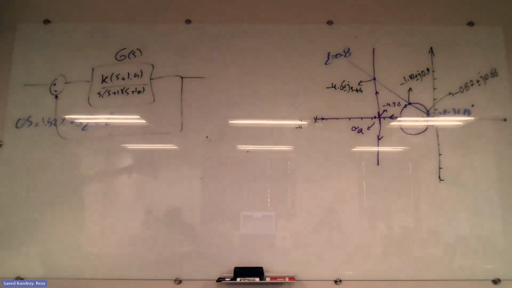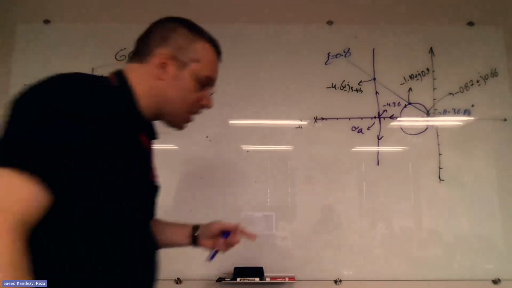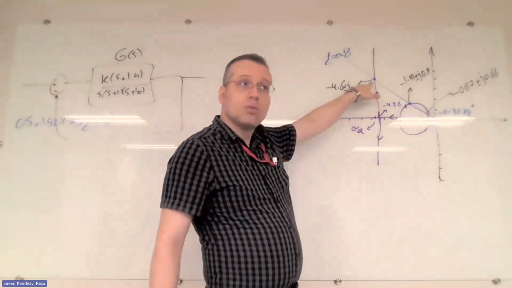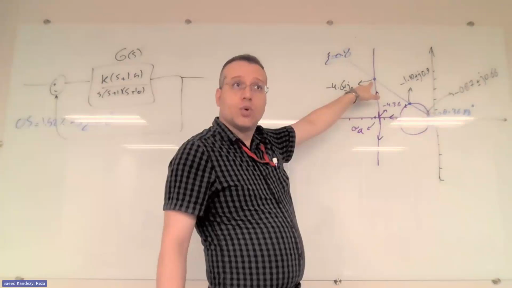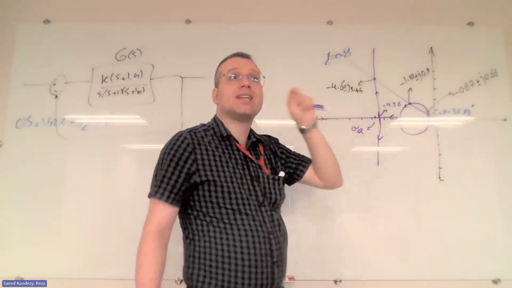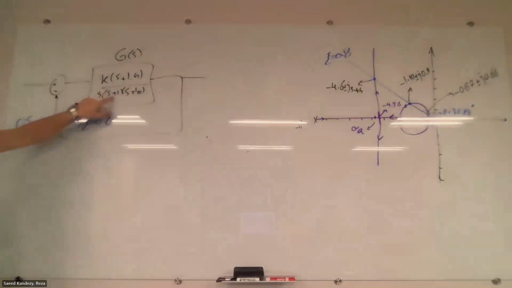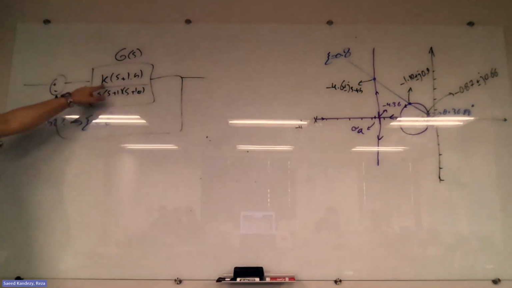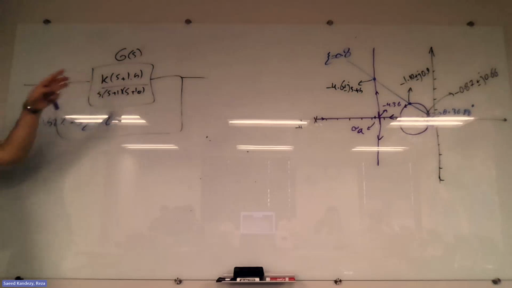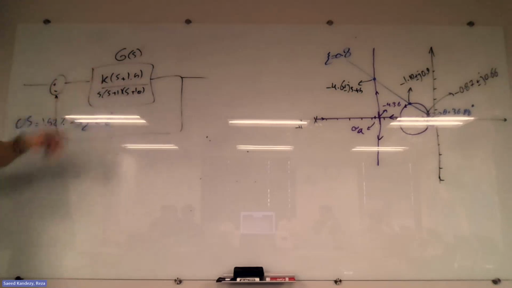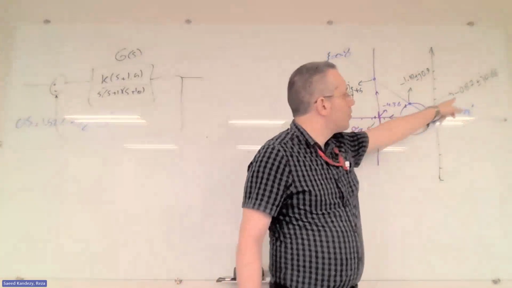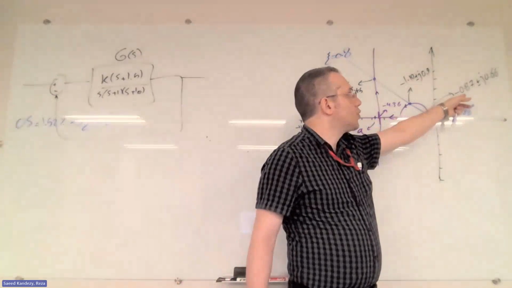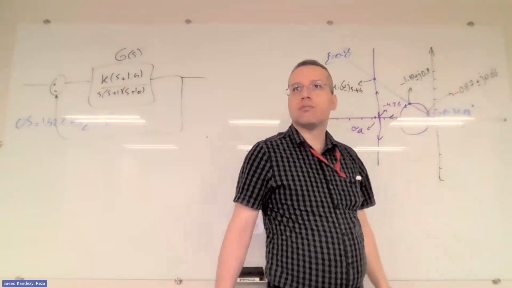For each of those situations, I wanted to make it specifically clear. This pole here is a specific case of our transfer function, for a specific k. So for example, if k is equal to a, the system would change in a way that the pole becomes, for example, minus 0.87 plus minus that j.